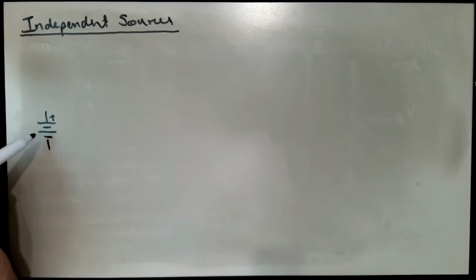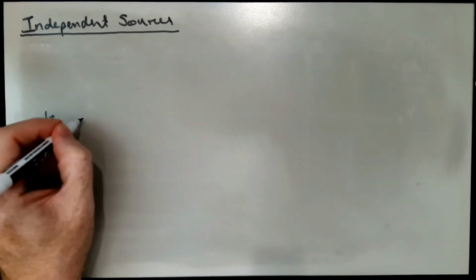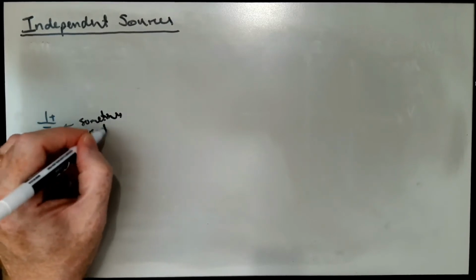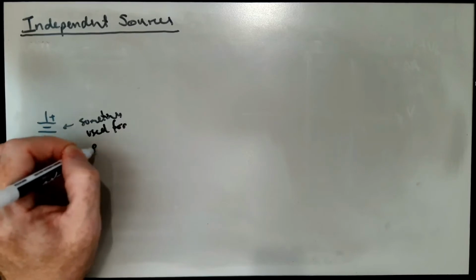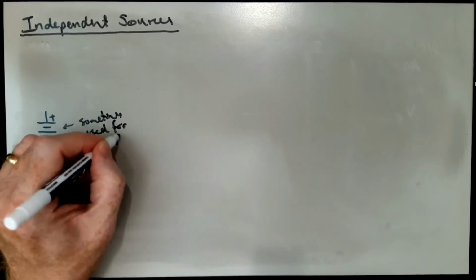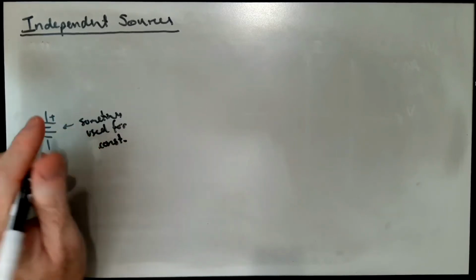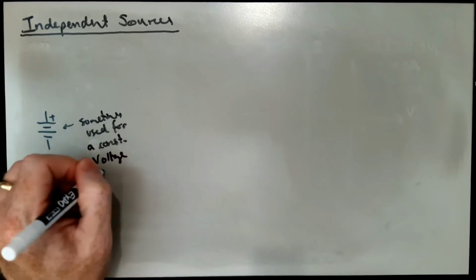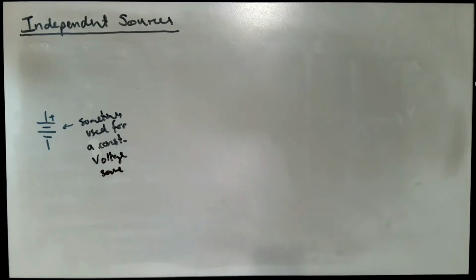So this is sometimes used for a constant voltage, but we're going to be using the same symbol to denote both a constant and a time-varying voltage source. So that's just an aside. This is kind of like a battery symbol.